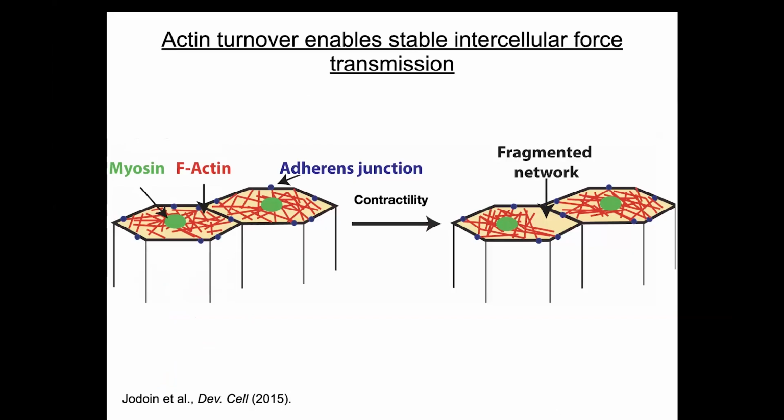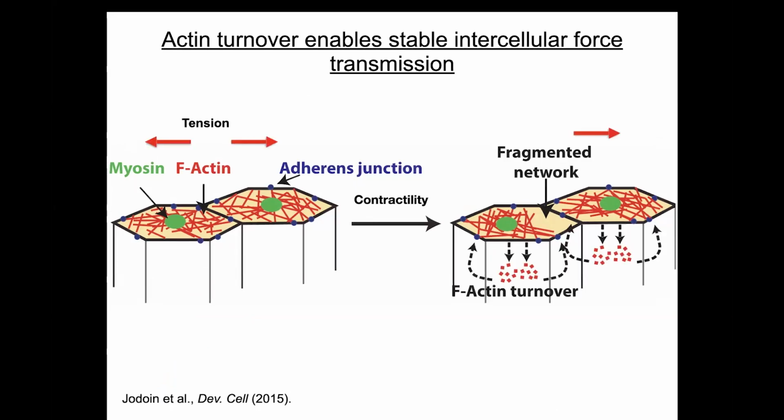In order to maintain a stable network of connections over time, you have to have a way for cells to grab back on to each other. Otherwise, you have the chance of multiple cells losing connection and opening up a much bigger hole than you would if you didn't have this mechanism to rapidly reattach if there's damage.